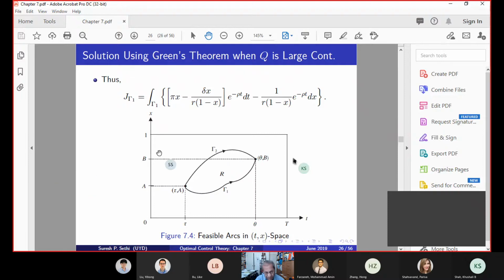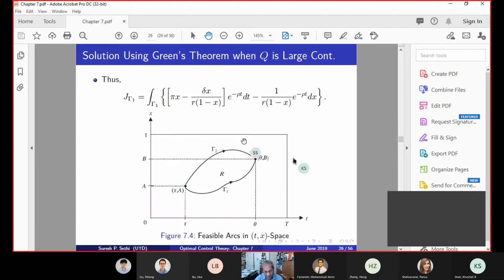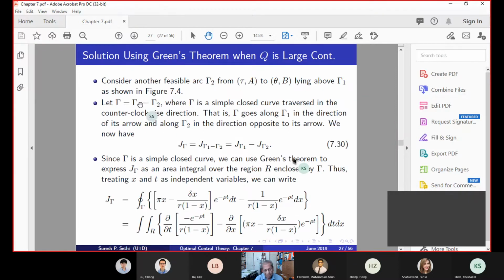Okay, so what am I doing here? Let gamma be gamma 1 minus gamma 2. So this whole thing is gamma, and this is R, the area enclosed by gamma. Because I changed the arrow, gamma, which is gamma 1 minus gamma 2, is a simple closed curve, and usually the line integral is done in the counterclockwise direction.